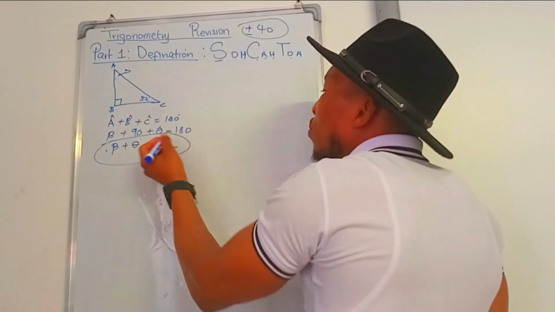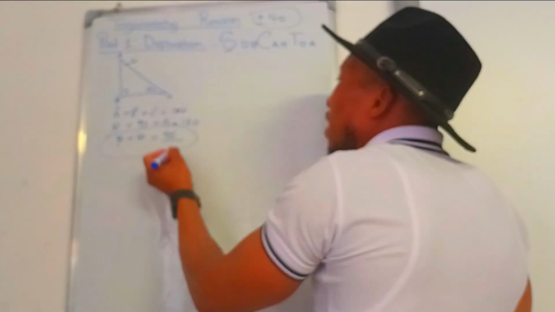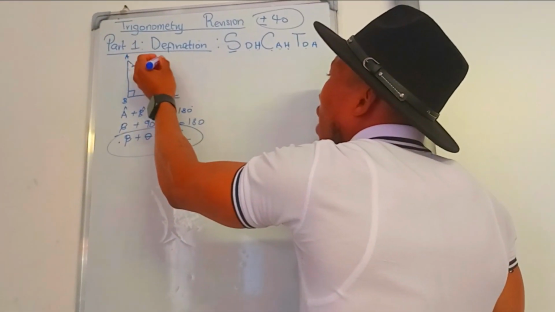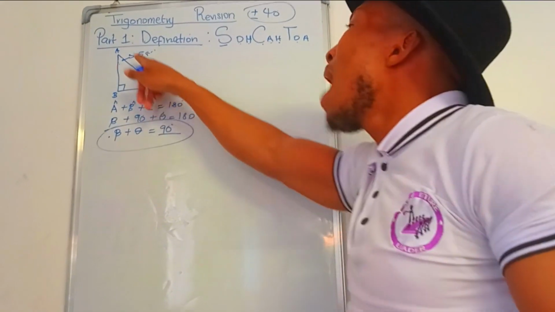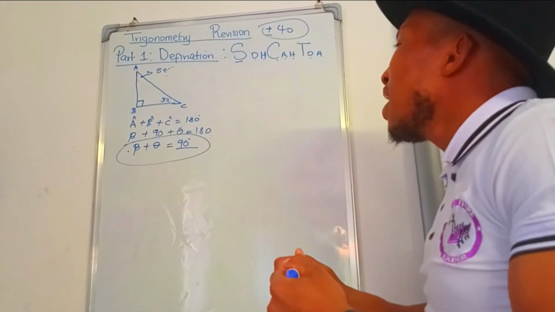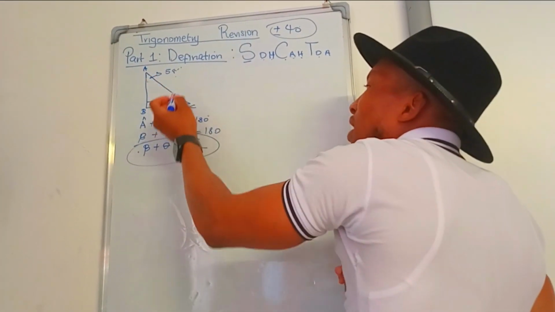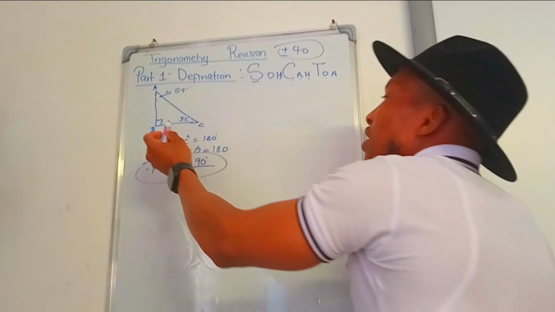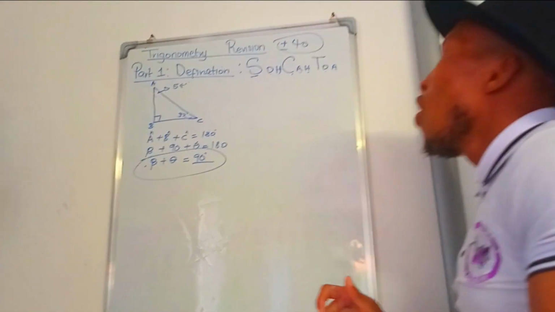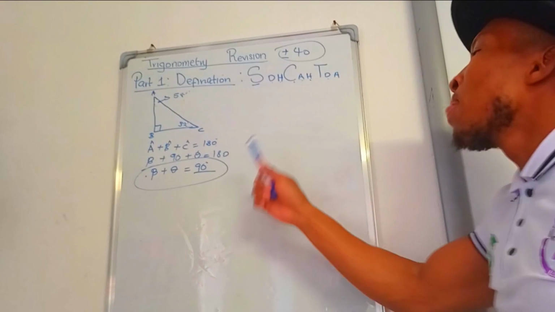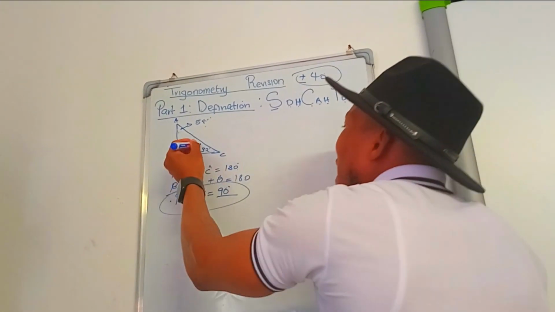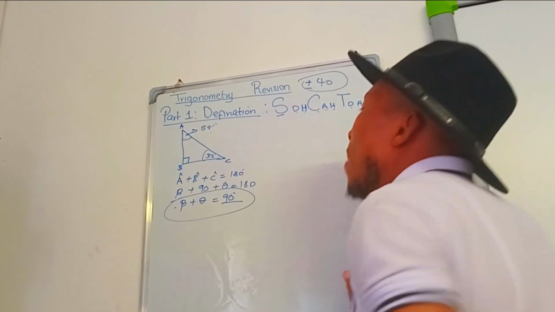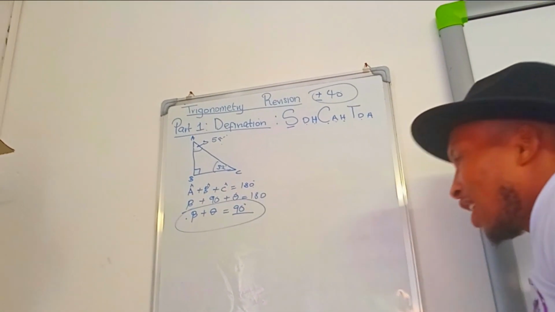Therefore, 90 minus 32 gives 58 degrees. That means the sum of angles now adds up to 180: 58 degrees plus 32 degrees plus 90 degrees is equal to 180 degrees. Therefore, the rule is that this angle and this angle must give you 90 degrees.